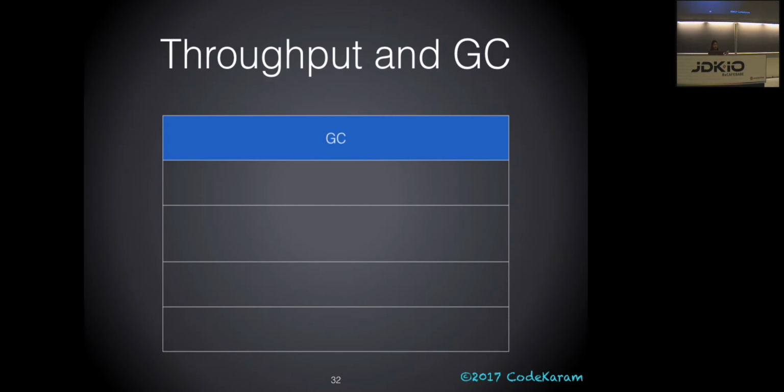What about throughput? With respect to GC, throughput optimizations are probably the most significant, especially with respect to garbage collection. To give you a background, most OpenJDK HotSpot GCs do stop-the-world collections. What that means is that your application threads come to a halt, and then your garbage collection threads start working.